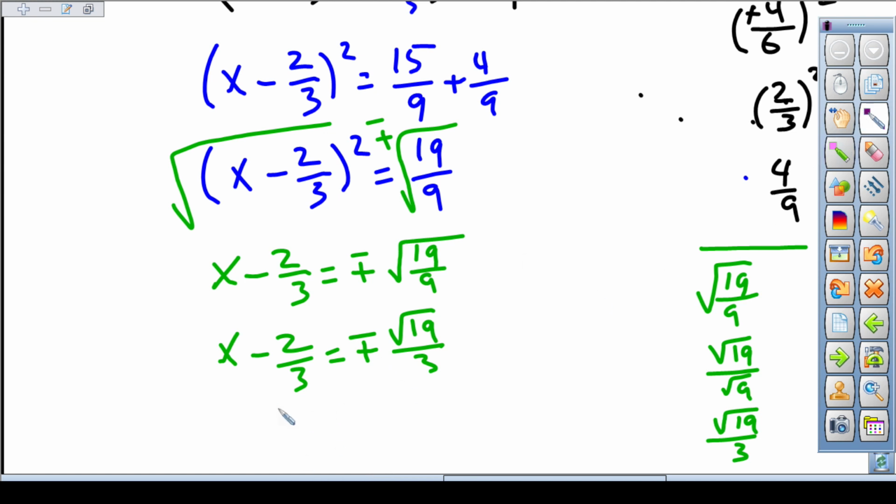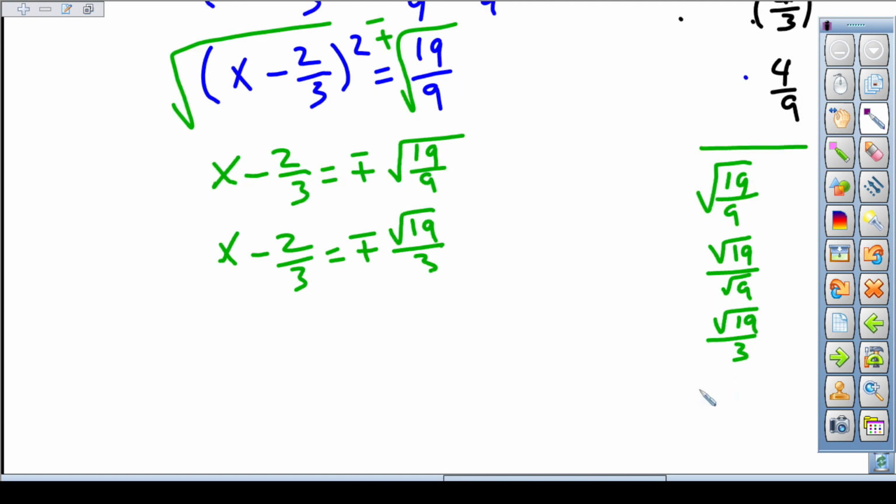Let's choose a different color. I like purple. So we add 2/3 to both sides, right? I'm going to go here again into my doodling area. I love the doodling area. And I'm going to add 2/3 to plus square root of 19 over 3.